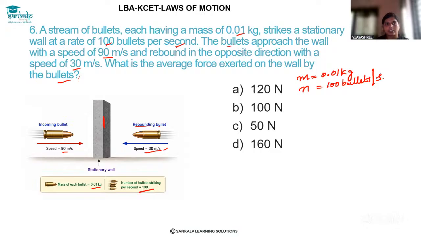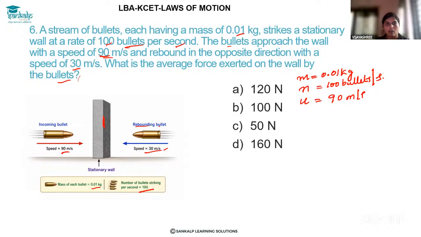Then initial velocity u, the speed of the incoming bullet, is given as 90 meter per second.